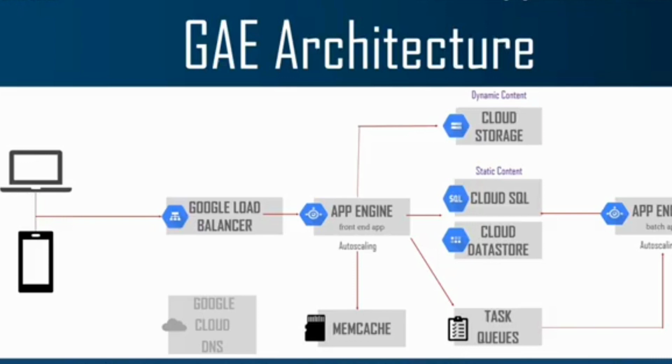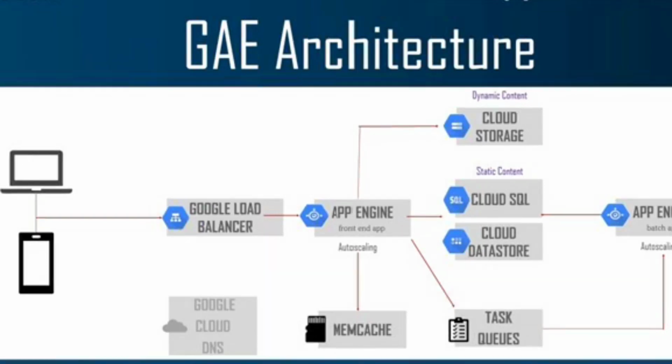Then we have memcache, which is a cache memory shared between instances of a Google App Engine, providing high speed availability of information on the server. Task queues are a mechanism that provides redirection of long tasks to the backend server, making the front end server free for new user requests.